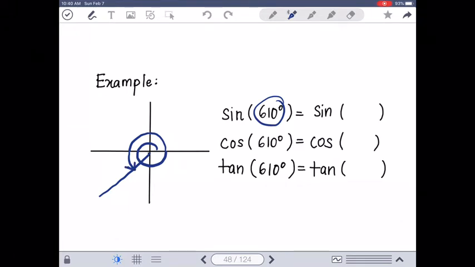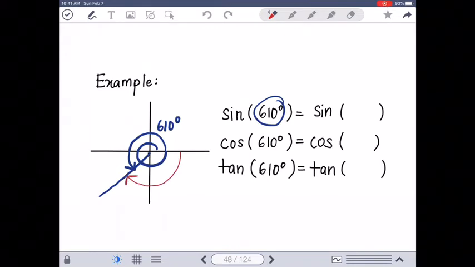So this is 610 degrees. You cannot go up until here. If you go up until here, it should be 630 degrees. But we just want 610. So we stop there.